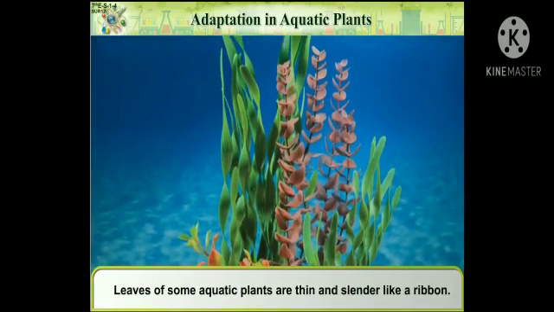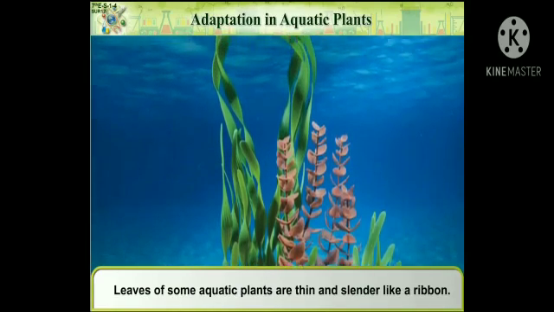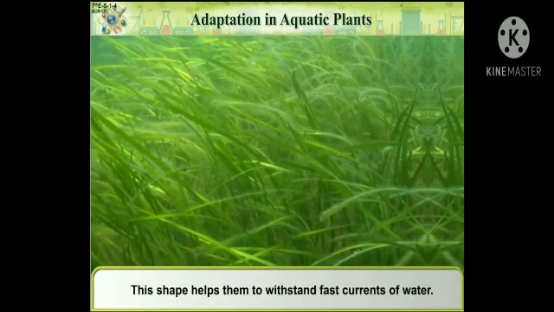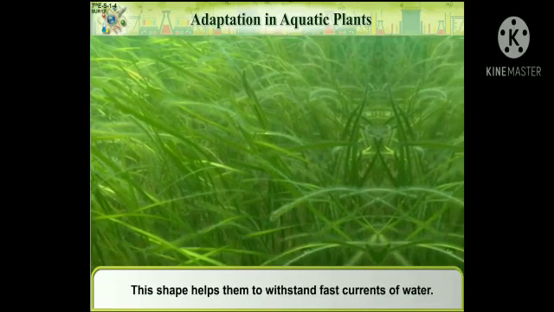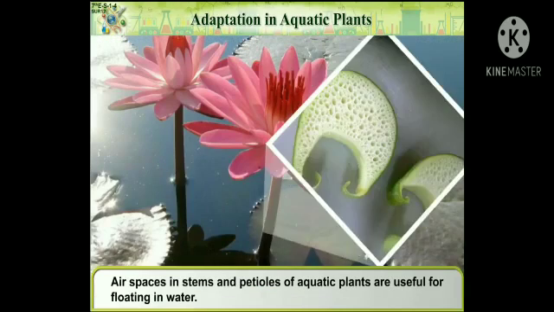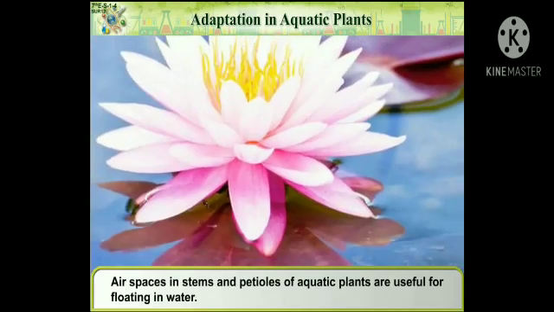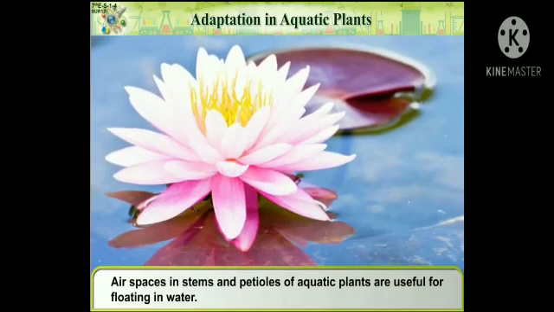Leaves of some aquatic plants are thin and slender like a ribbon. This shape helps them to withstand fast currents of water. Air spaces in stems and petioles of aquatic plants are useful for floating in water.